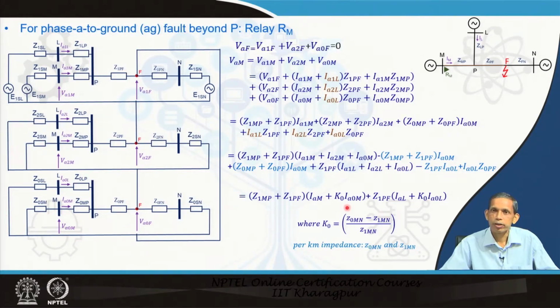Note, we have already talked about the zero sequence compensation factor, that is Z0 minus Z1 divided by Z1 of the line, and we have considered that all sections have similar per kilometer impedances for all sequences. So, if we substitute this, we will get the corresponding relations like this.